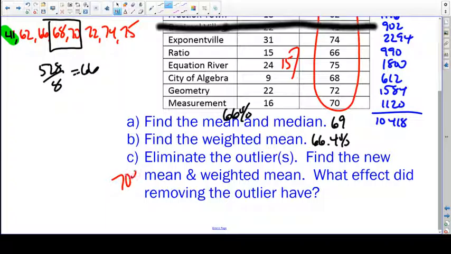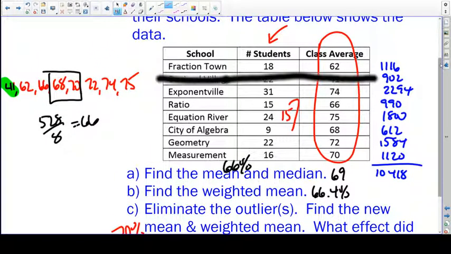to 70%. As far as the weighted mean goes, we can wipe this one, and if we do that, we divide by 135.